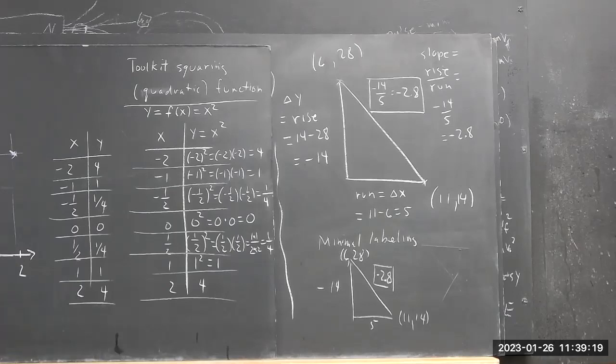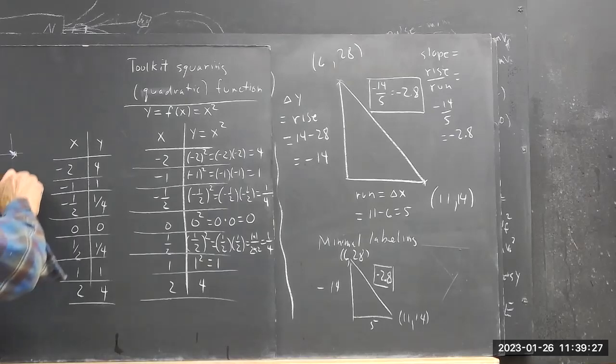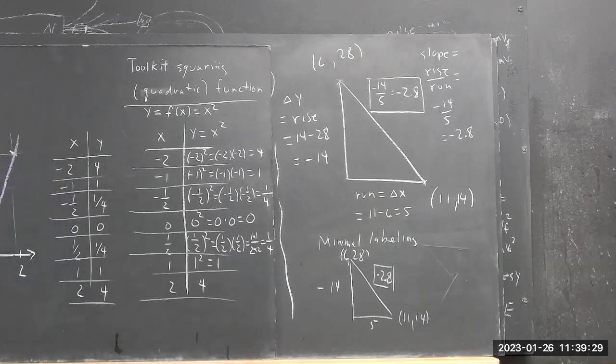Okay. Now, let's sketch a curve. If you did it a little more carefully than I did, you're going to have a really good graph. Mine's kind of okay, but it's not totally symmetric, it's a little lopsided.